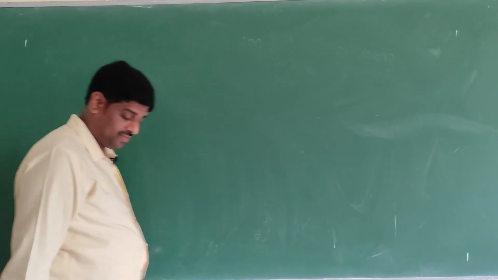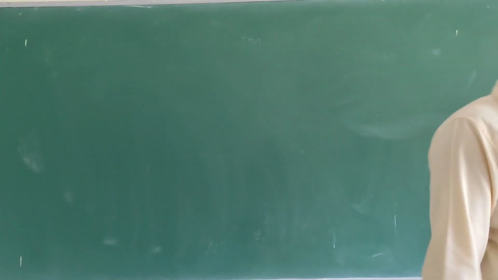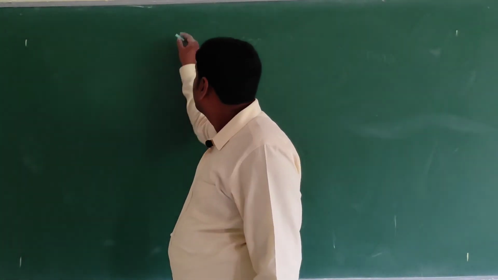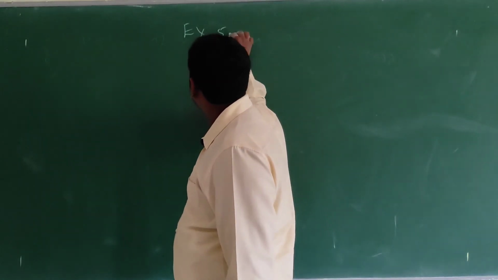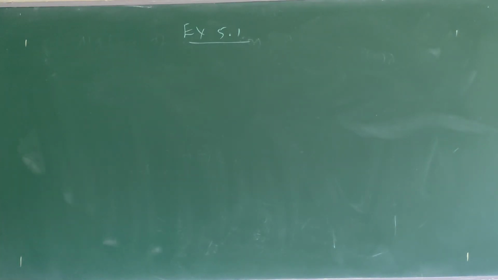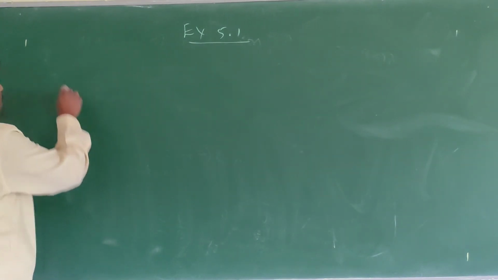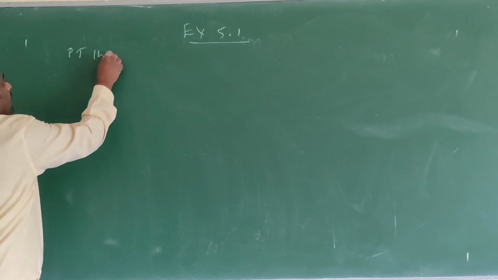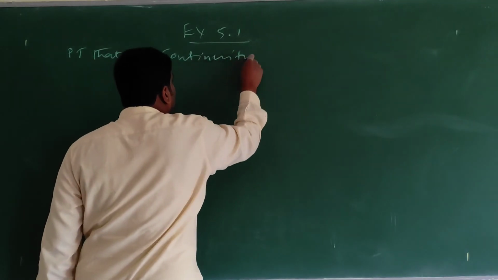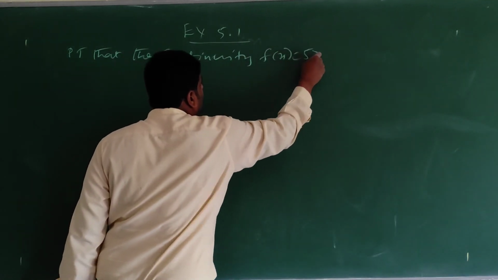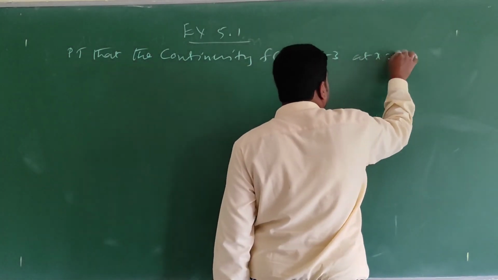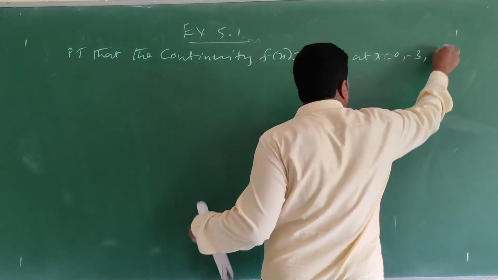We will move on to the exercise. In this exercise, the 4-mark question is very important. That is exercise 5.1, in the 5th chapter. So the first problem is: prove the continuity of f of x is equal to 5x minus 3 at x is equal to 0, minus 3 and 5.